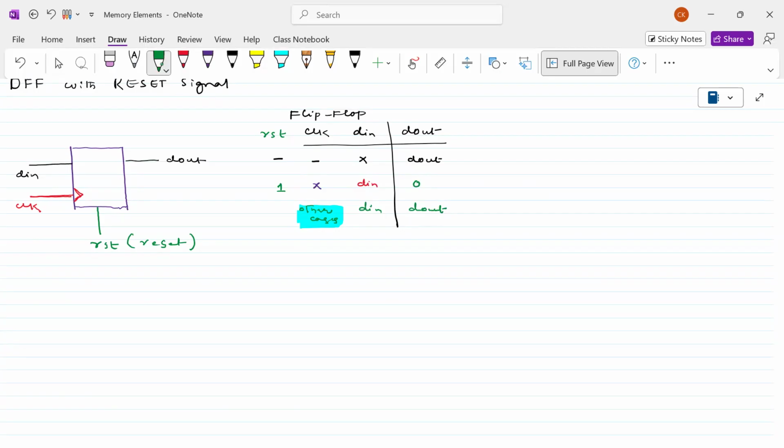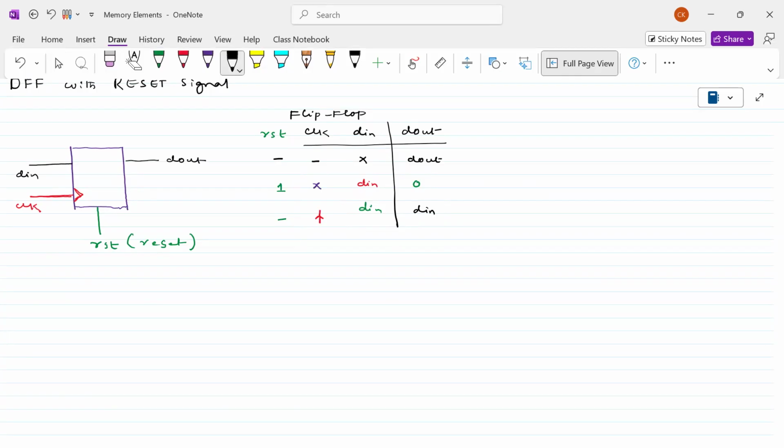Whenever you see RST is high, it means clear the contents of the flip-flop. If RST is not there, then if you find the positive edge of the clock, whatever the DN is, the DN will be transparent to the output.